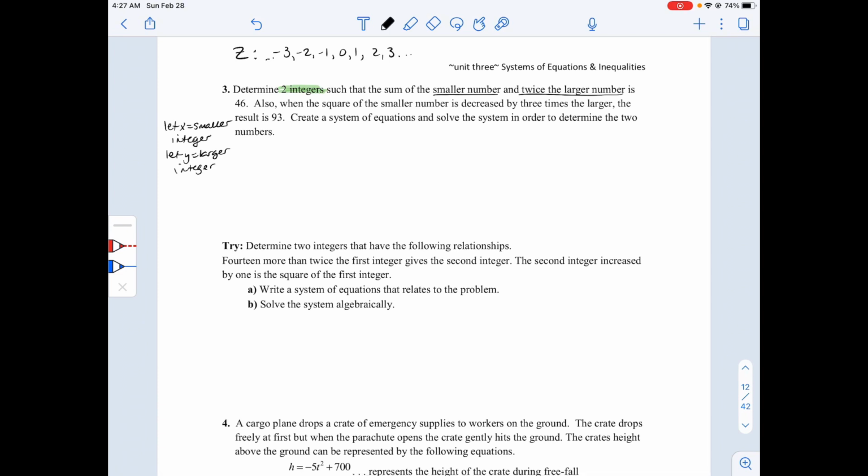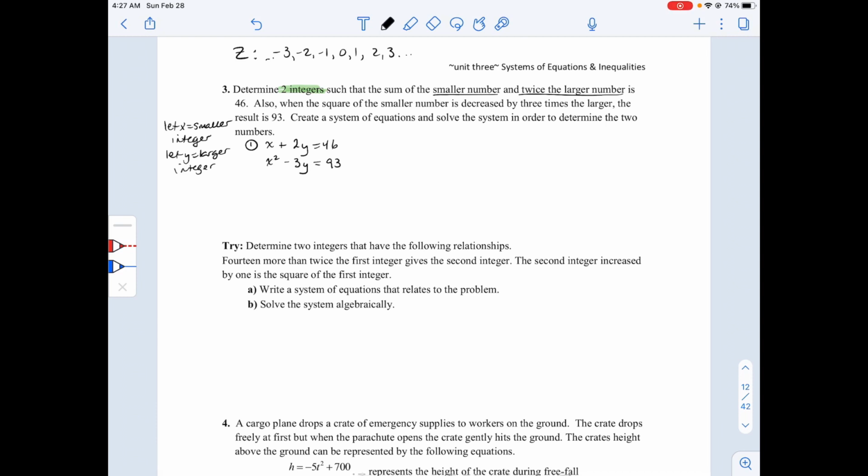So let's set up 2 equations. We know that the first equation, the sum of the smaller, which would be x plus 2y, is 46. And when the square of the smaller is decreased by, so we've got our smaller squared, decreased by, so that means subtract 3 times the larger, the result is 93.